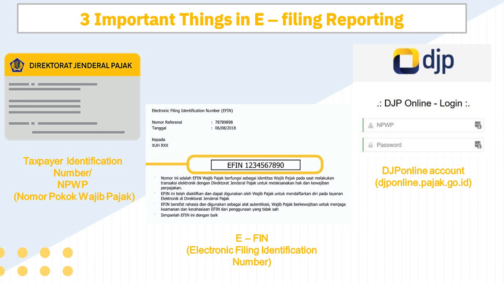Second, EFIN or electronic filing identification number. To get the EFIN, you can go to the nearest tax service office or KPP, kantor pelayanan pajak, and you should bring your ID card or KTP, kartu tanda penduduk, for Indonesian citizens, or passport or temporary or permanent stay permit card, or kitas, kitab kartu izin tinggal sementara atau tetap, for foreigners, and second, tax identification number (NPWP) or tax register certificate (SKT), surat keterangan terdaftar.